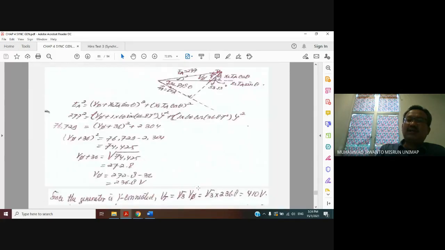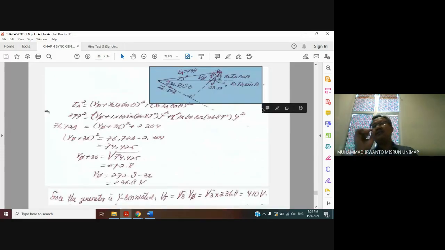Now, if we want to draw the phasor diagram, remember the first you have to draw... In this case you want to find the value of phase voltage, related to the terminal voltage.